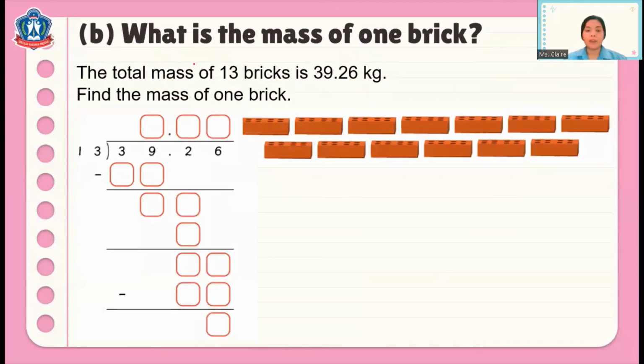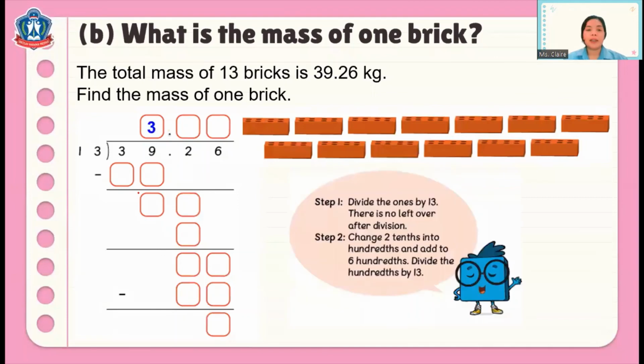Okay, what are we going to do? So 39.26 divided by 13. Before you answer, put the decimal point on the top. Okay, 39 divided by 13: 3 times 13 is 39. So we don't have a leftover, that is 0. Bring down 2. 2 cannot be divided by 13, so you put 0 on the top. Do not bring down the 6 right away. Put 0 first. 0 times 13 is 0.